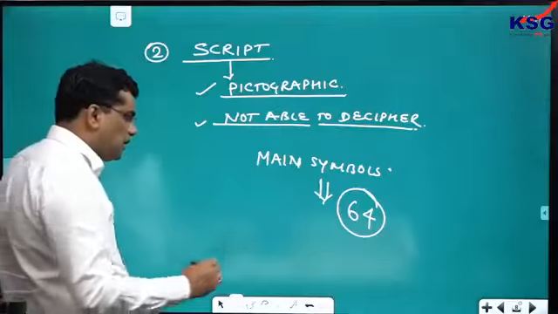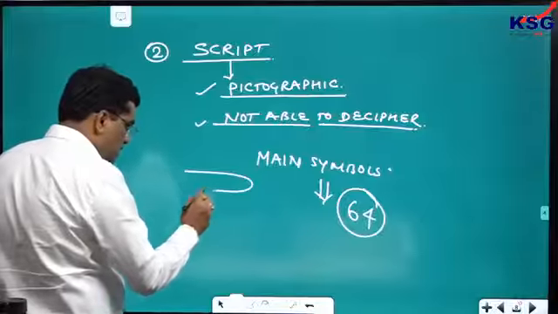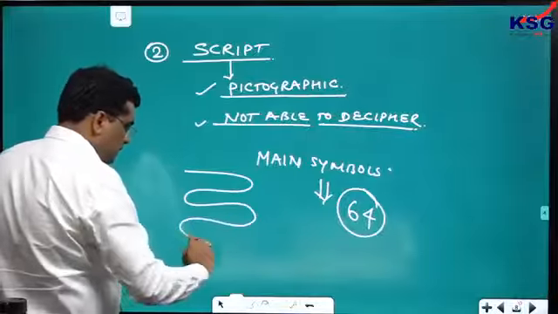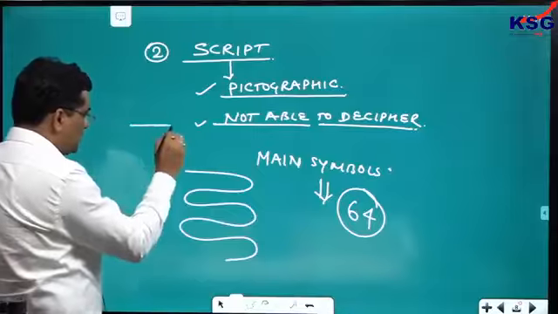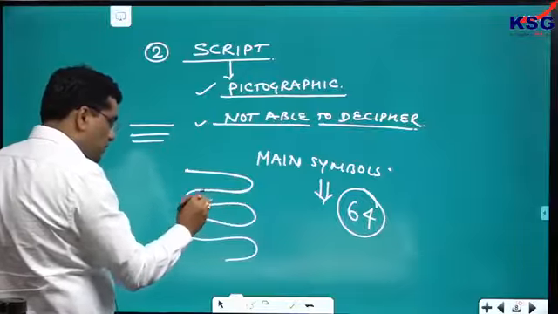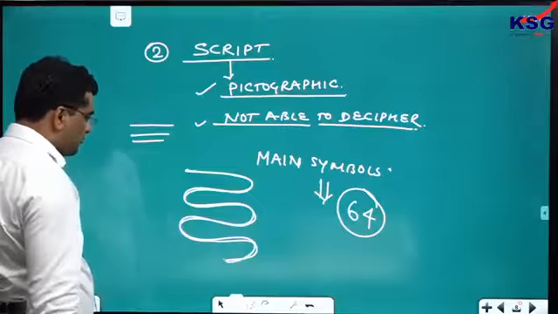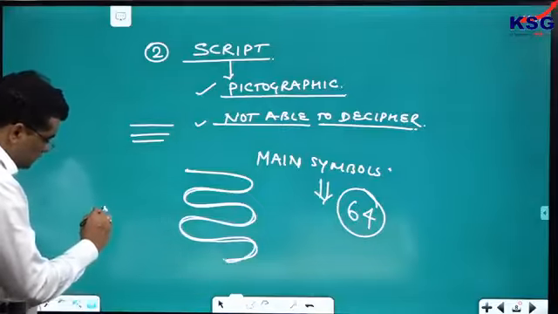When they start writing, they don't take a rest. You keep on writing in one direction, but they go in a serpentine manner. This is called Boustrophedon style of writing.